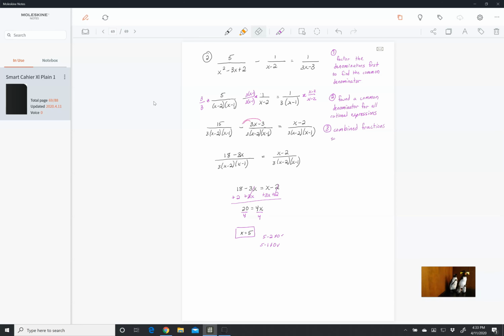So we had 1 fraction on the left and 1 on the right. Now we can set the numerators equal to each other. We're ignoring the denominators for the moment, I say for the moment because we still have to use them at the end to check for extraneous solutions.